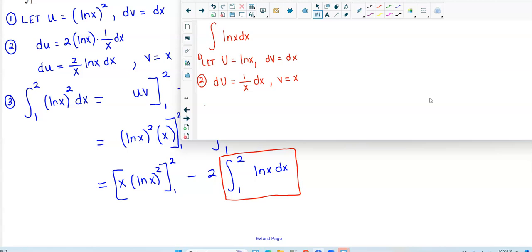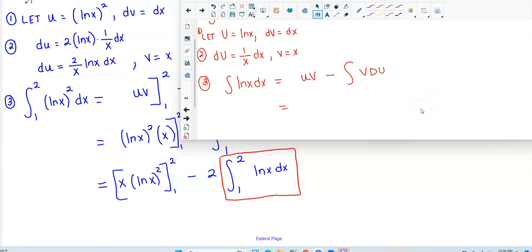And so now we're going to go ahead and use our formula. So we have uv minus the integral of v du. So we know that uv is x times the natural log of x, minus v du, which is x times 1 over x dx.